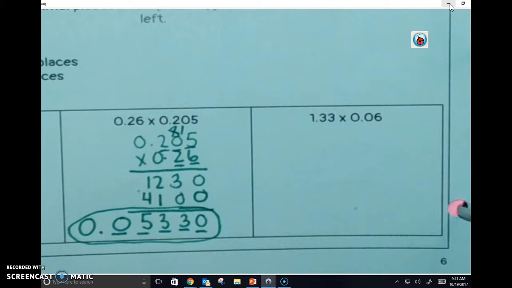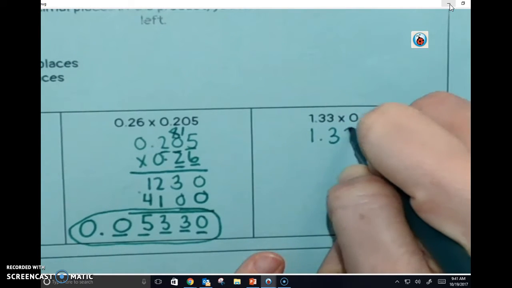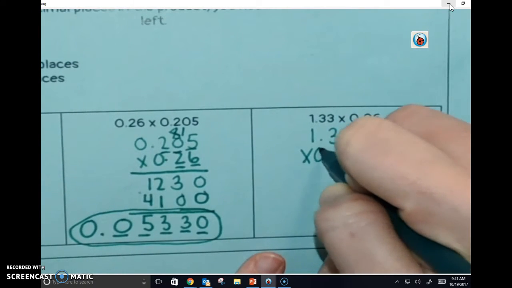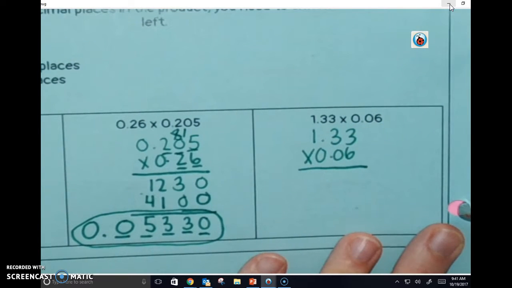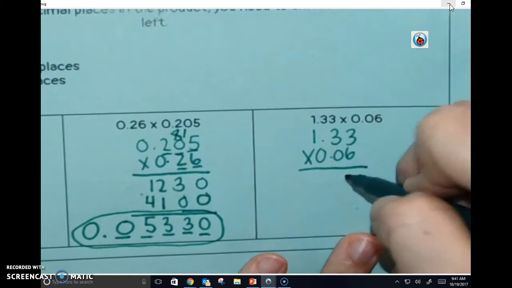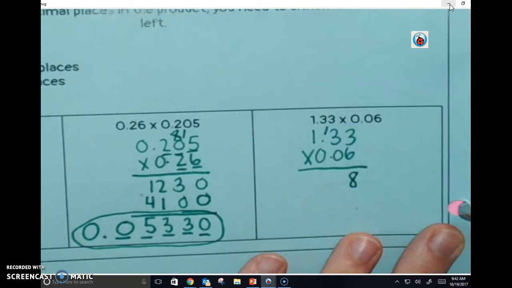Okay, Ava. Put the one with the whole number on top. Because it makes it much easier when there's only one number on the bottom, isn't it? Yeah. So 6 times 3 is? 18. 6 times 3 is plus 1.